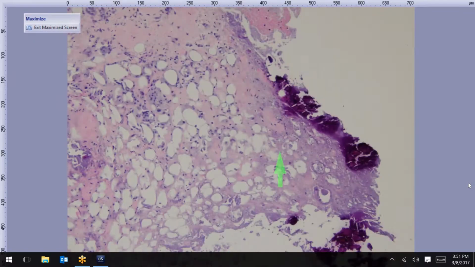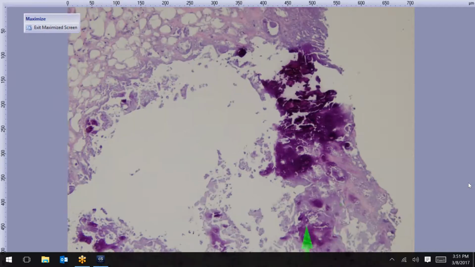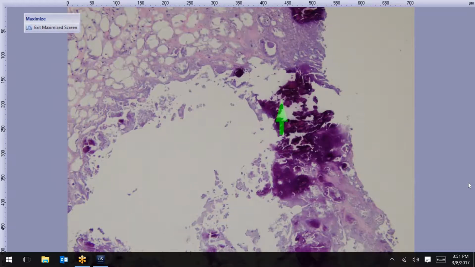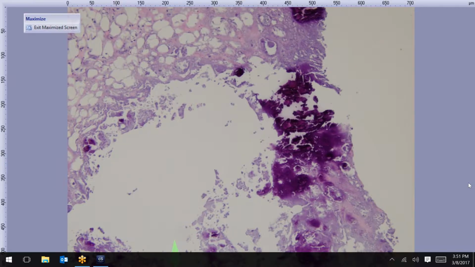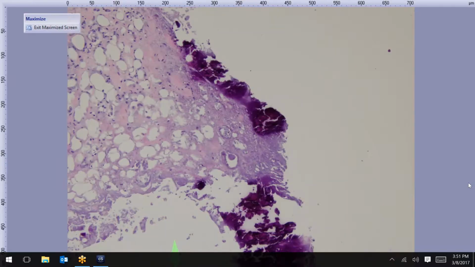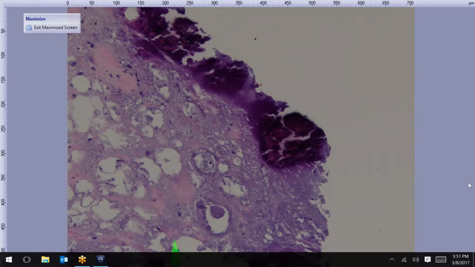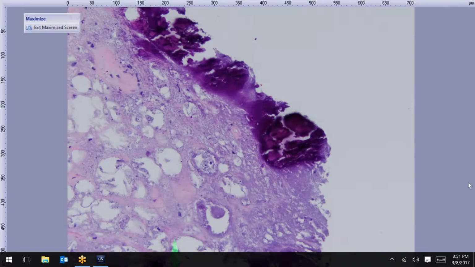And then here we have rather prominent deposits of calcium. And then if we go into this little area, you'll see this appearance of degenerated fat cells that are kind of calcified, these little areas right here.